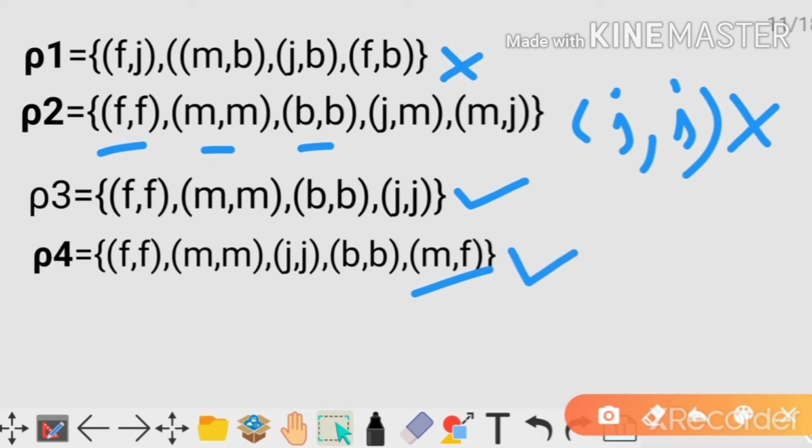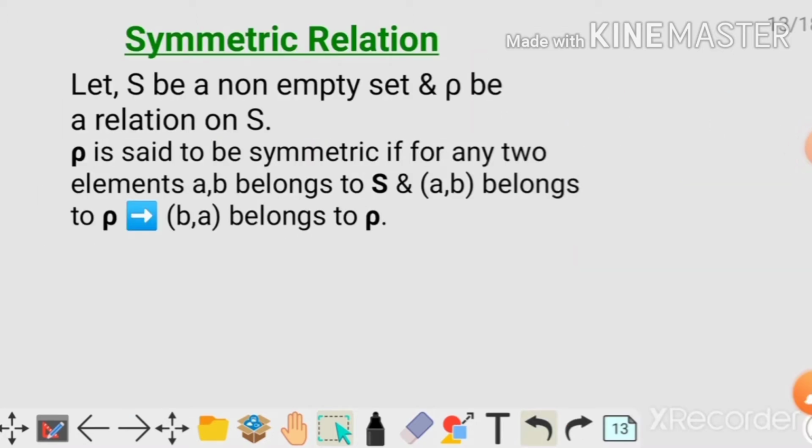Now let's go to symmetric relation. Rho is said to be symmetric if for any two elements A and B, (A, B) belongs to rho, then (B, A) belongs to rho. There is a basic difference between reflexive and symmetric relation. In reflexive relation, all the identical elements must belong to the relation.